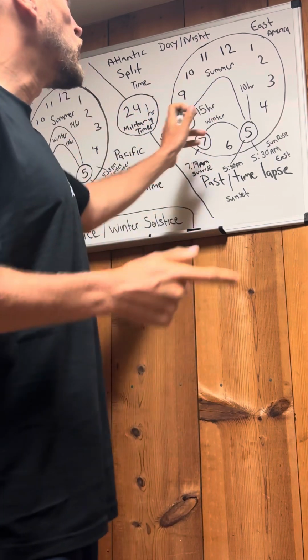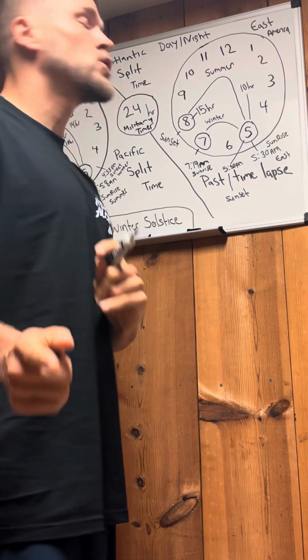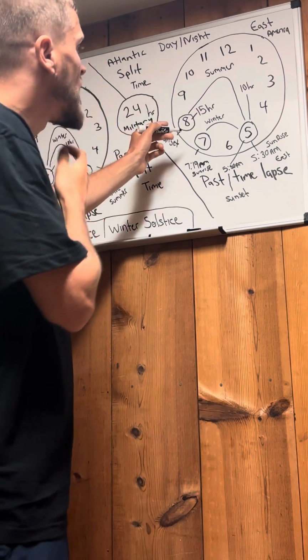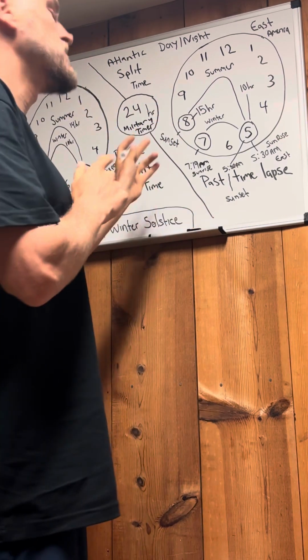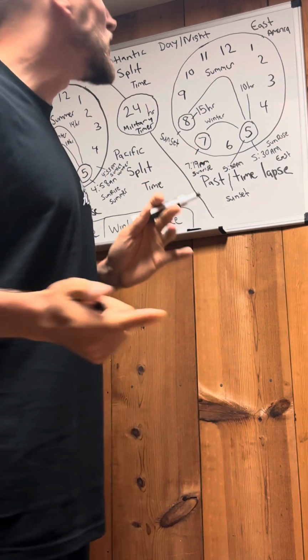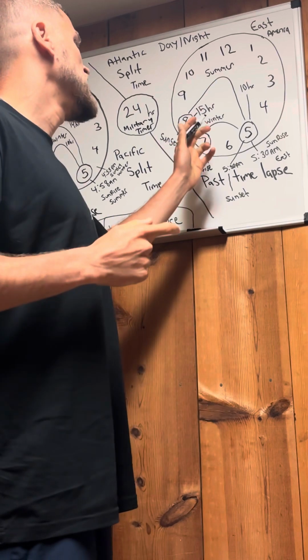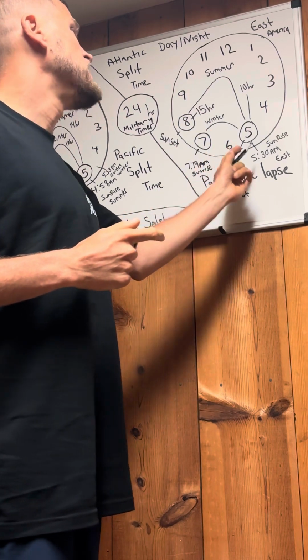When you go to the winter solstice, now what occurs is in the wintertime, the sun will rise at approximately around 7:19 to 7:30 in the morning, and it'll set at exactly 5:30.